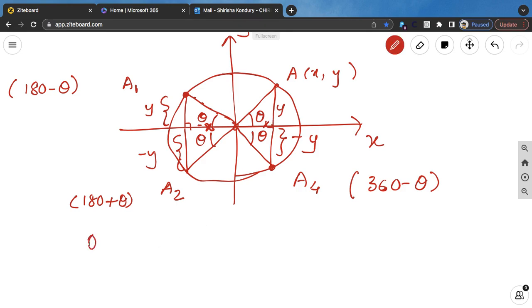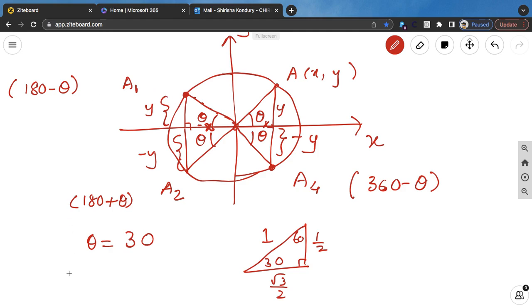Let us take theta as 30 degrees, for example. So the triangle that is formed in the first quadrant will be 30, 60 and 90, which means if hypotenuse is 1, side opposite to 30 will be half and side opposite to 60 will be root 3 by 2.